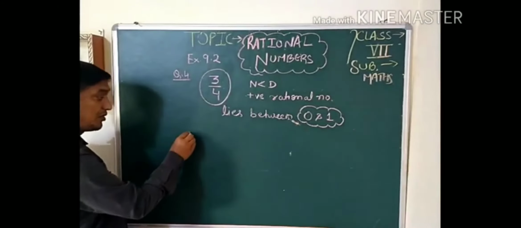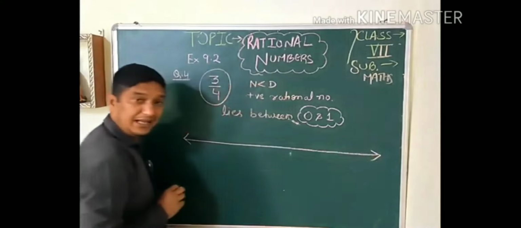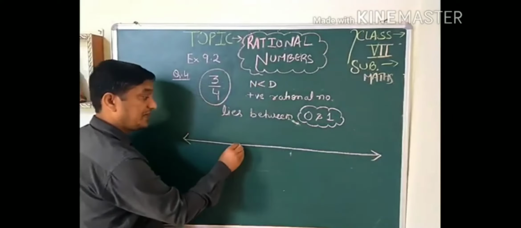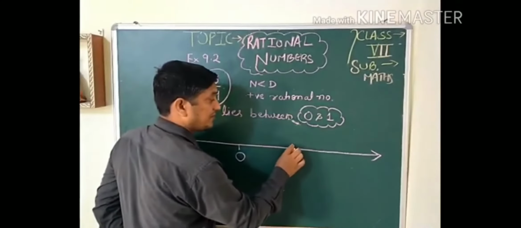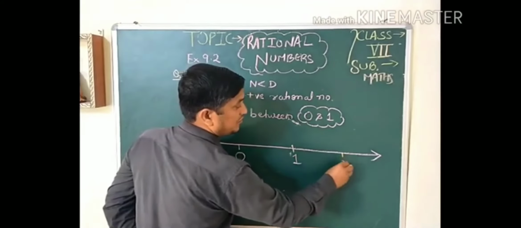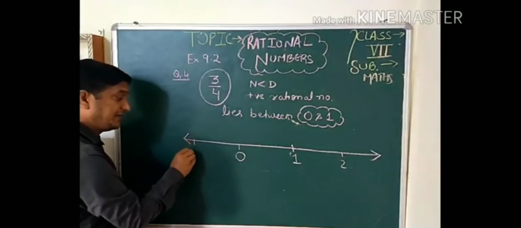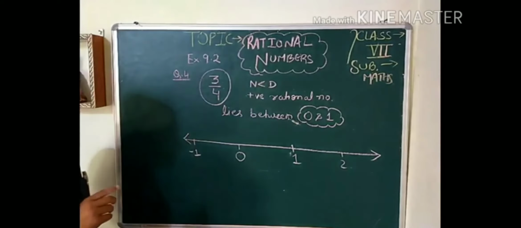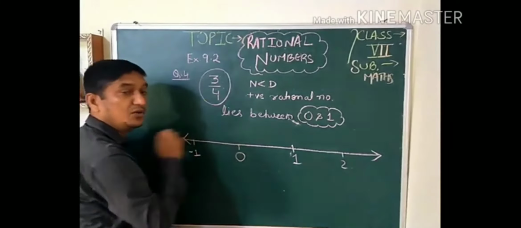So children, you have to draw a number line with the help of a scale and represent 0, 1, 2 and so on on the number line. You may write negative integers if you want, otherwise no need, because we have to represent a positive rational number only.